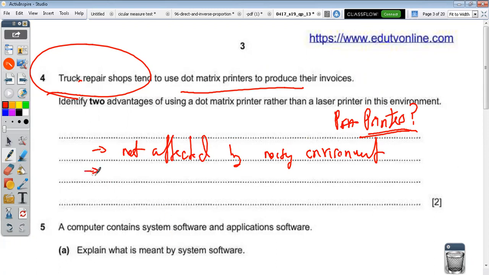They are also more resistant to oily or dirty environments, where the laser doesn't do well.